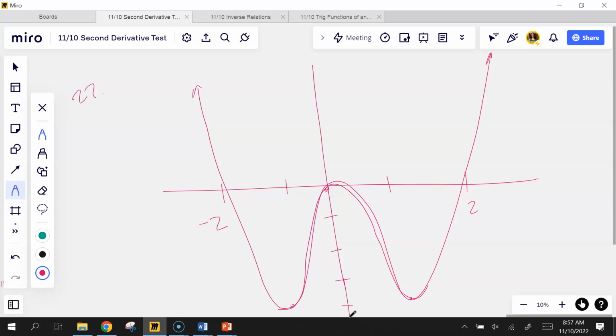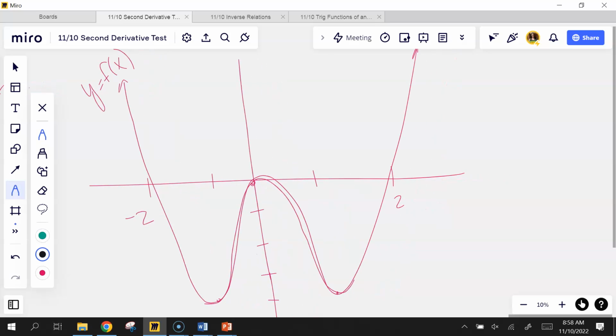So I want to know, this is the graph of f of x. Use the graph to estimate where the derivative and the second derivative are 0, positive, and negative. Let's look at the first derivative first because that's the easiest for us. That's the one that we are the most used to.